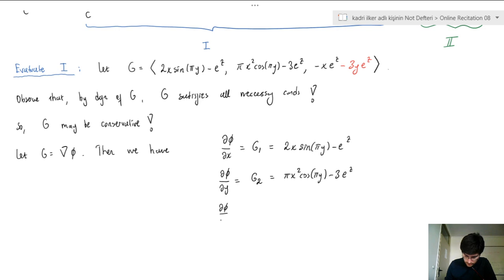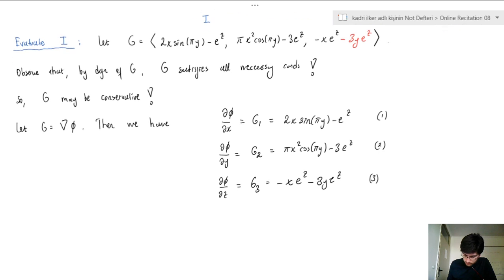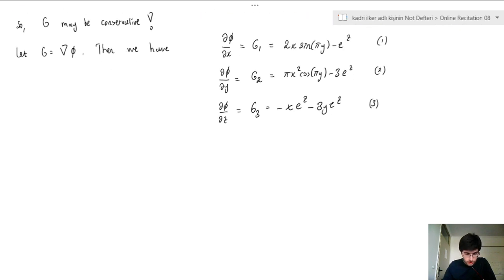And finally, this partial derivative is just G3, which is minus x e to the z minus this extra term. So this is equation 1, equation 2, equation 3. So remember how to deal with those things. We just start with any equation you like. So let me start with equation 1.